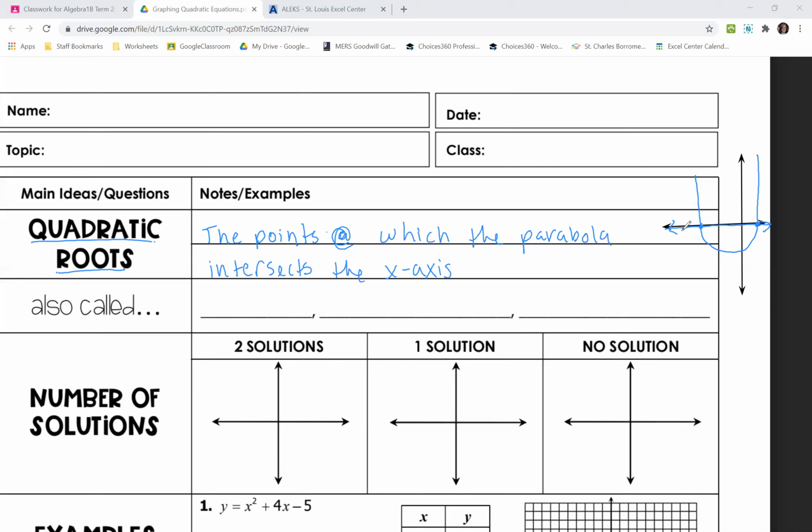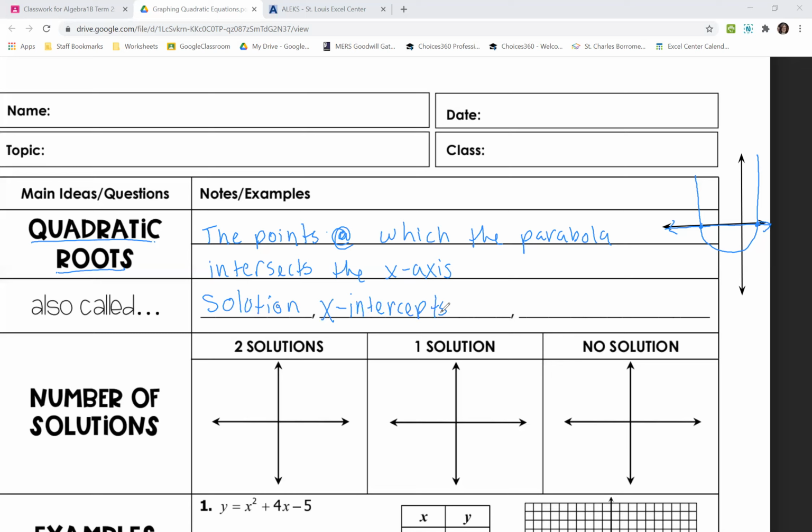So quadratic roots, they're very important. They have a number of different names that we could call them. I could call them a solution. That's what we were doing before, I was calling them solutions. So roots are the same thing as solutions. I also could call them x-intercepts, which makes sense because that's where they cross the x-axis.